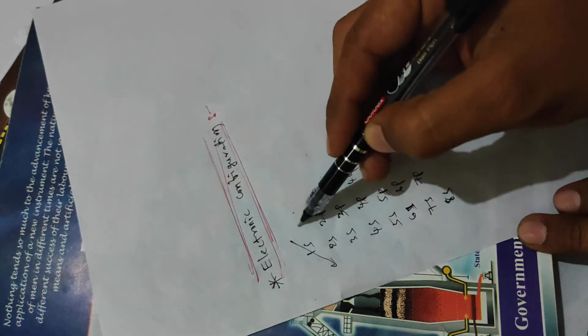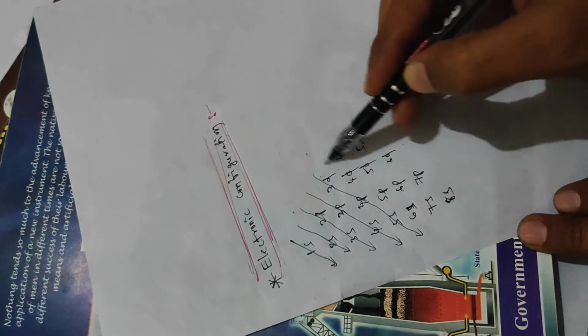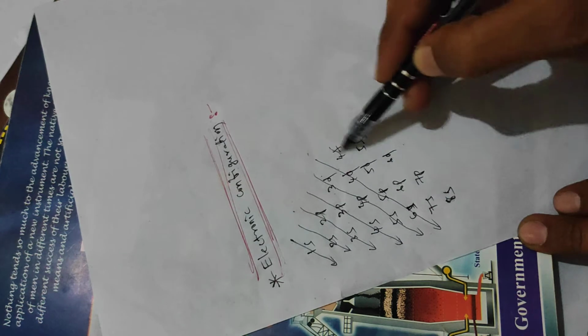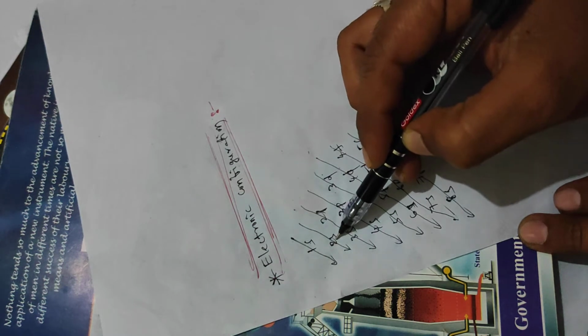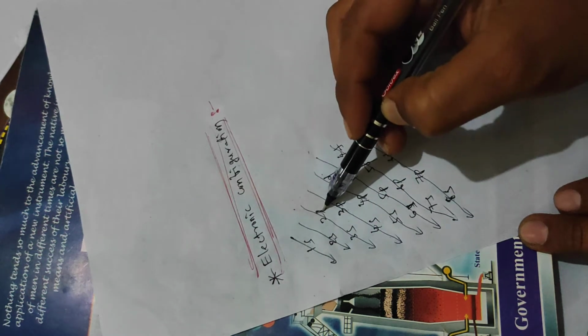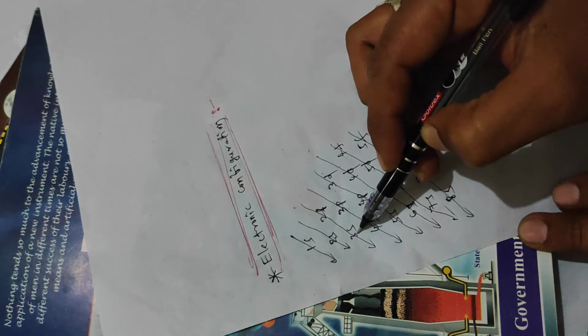Everybody knows that. Here the orbitals are in increasing order. The arrow marks show increasing energy level. 1s is less energy when compared with 2s, 2s is less than 2p, 2p is less than 3s.